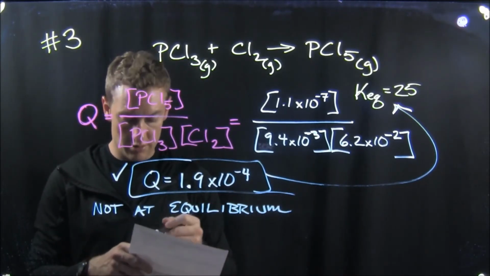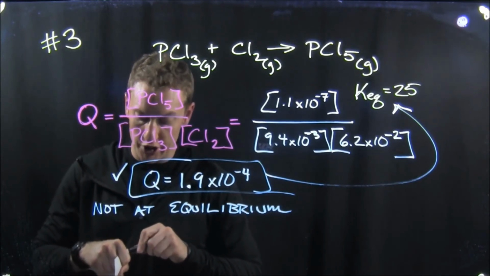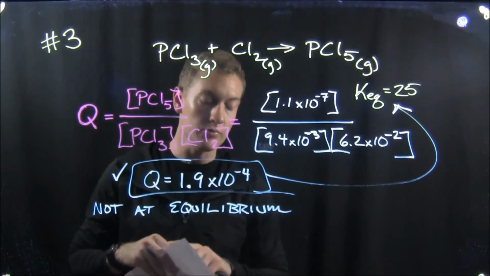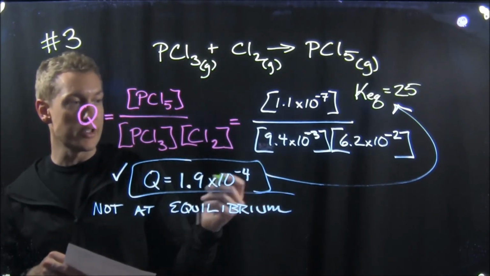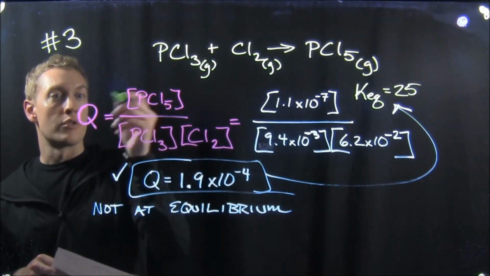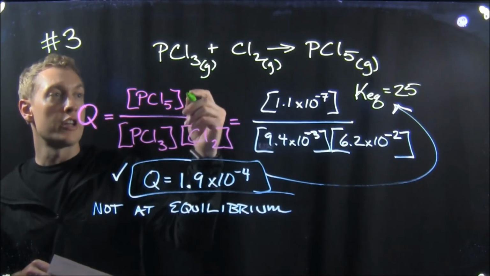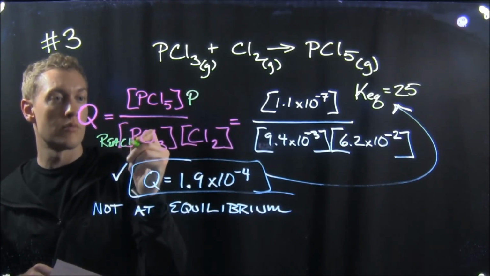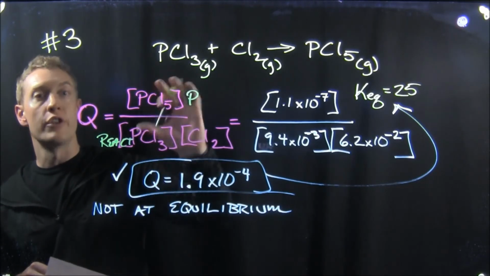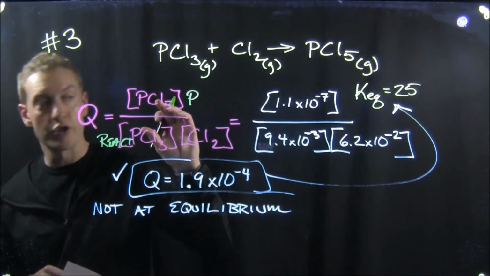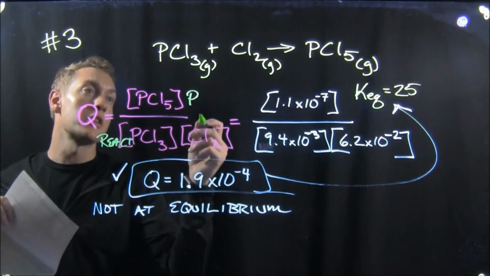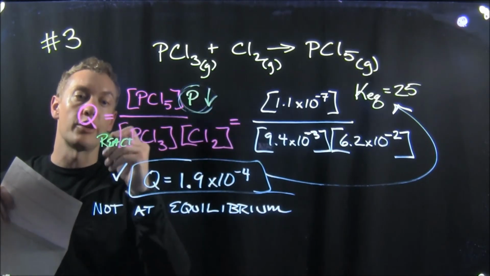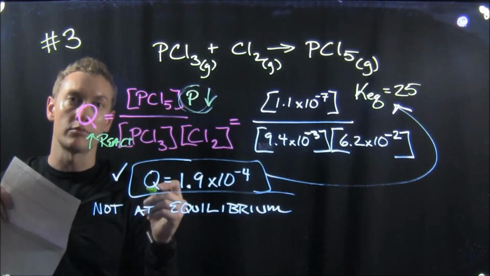And then it wants to know which way it should shift in order to reach equilibrium. Let us consider this. Q is calculated as the products over the reactants. So if this ratio, this fraction, is too small, that means your products are too low and your reactants are too high, right?